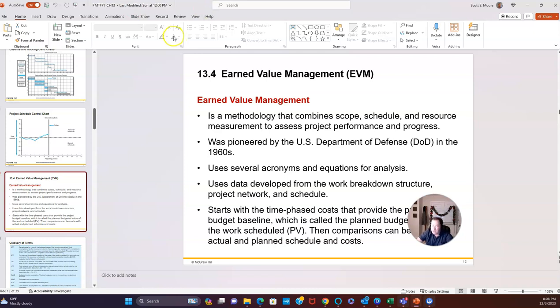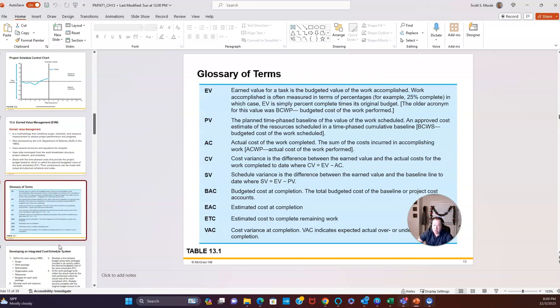So become familiar with them. If you're going to take the CAPM, the Certified Associate in Project Management, or the PMP, you will need to know the equations, how to calculate them. You will be tested on these. If you're not, it's good to be aware of some of these values.